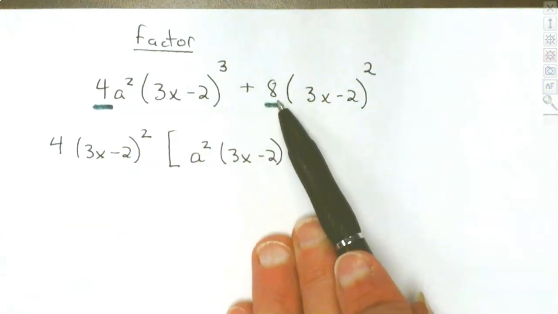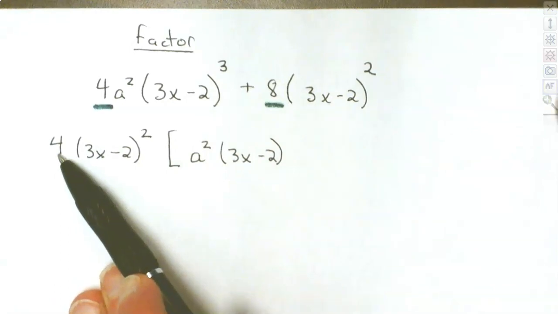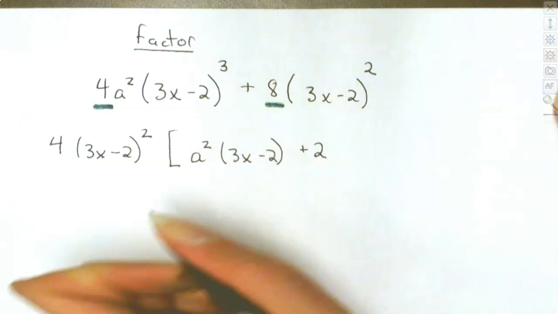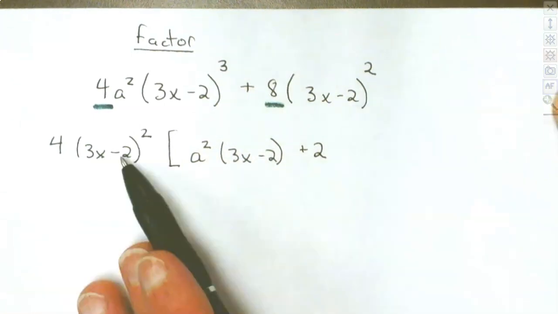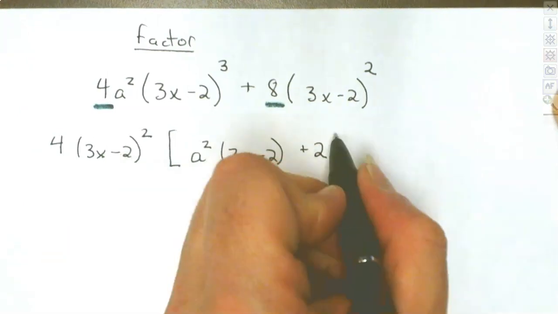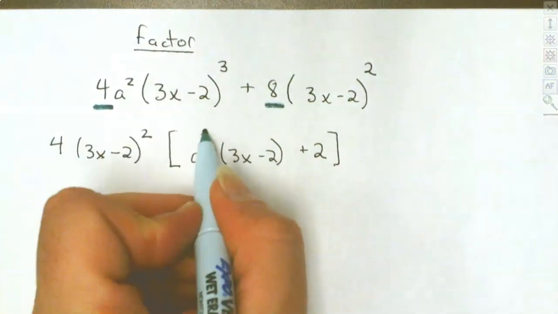Next, we've got the 8. 8 divided by that 4 in front leaves you with a 2. This is squared, so it's gone because we took 2 of them here. 2 of them came out. Almost finished. Distribute that a squared through.